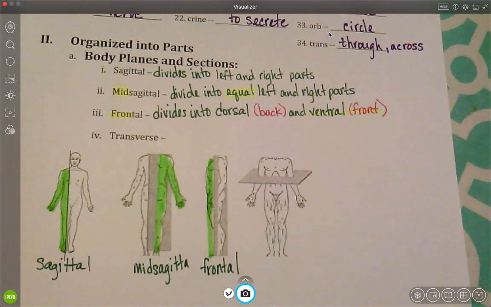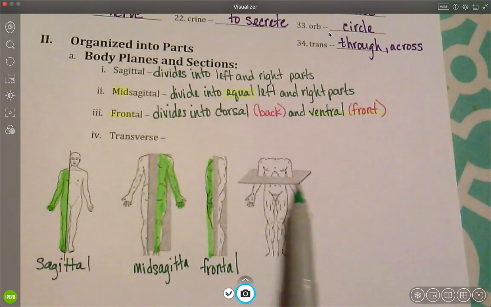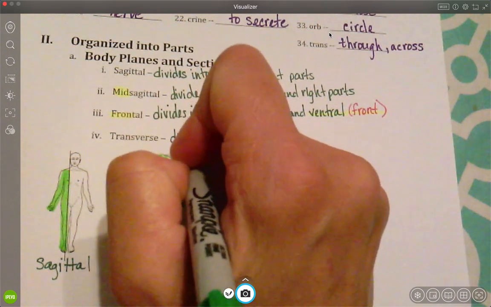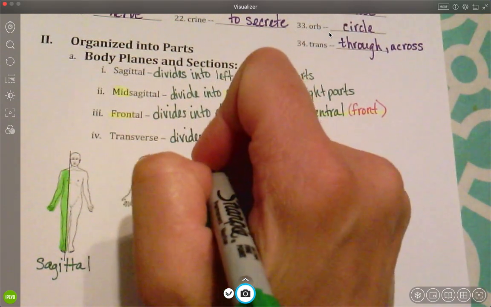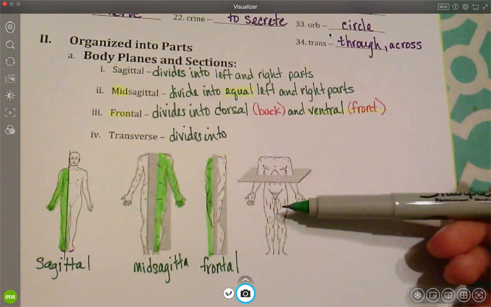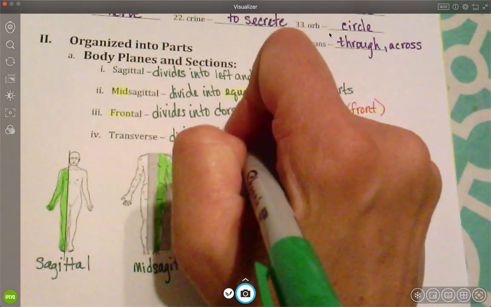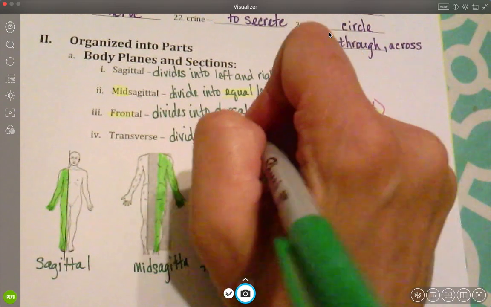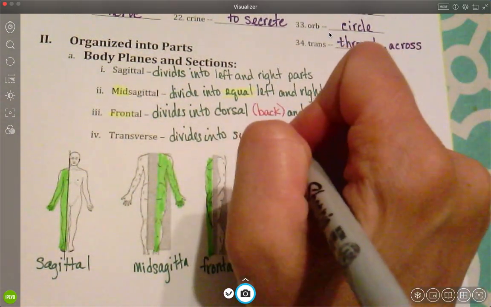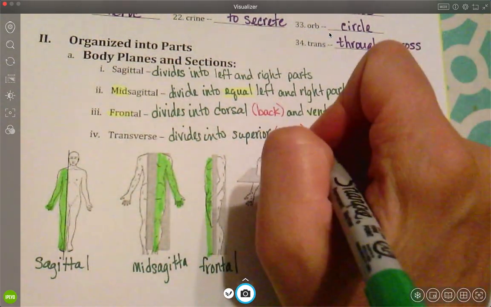So we said med-term, trans means through or across. So we're going across the body. So we're going to divide into, and we said into the upper or above and below, but we need to use our med-term words. So into superior. So let's put in parentheses what superior means. Superior means above and inferior.